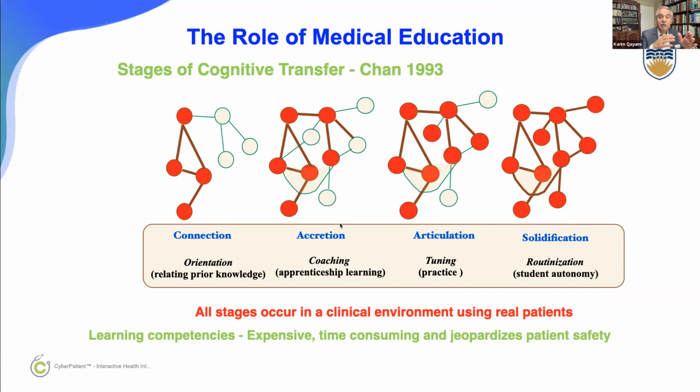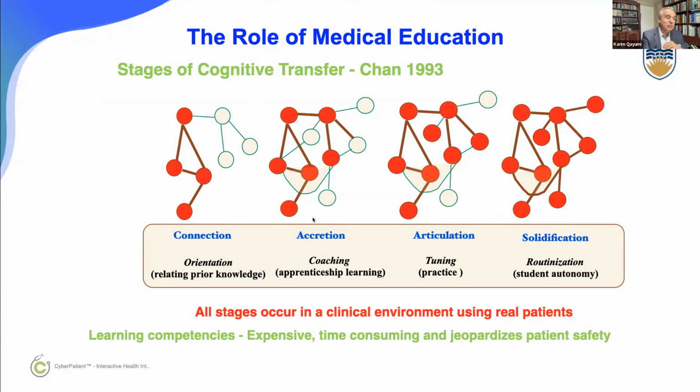We learn all the competencies through recognition of these stages. But unfortunately, we learn all these 4 stages in a clinical environment with patients. So that's why learning competencies is becoming expensive, ineffective, and it jeopardizes patient safety.